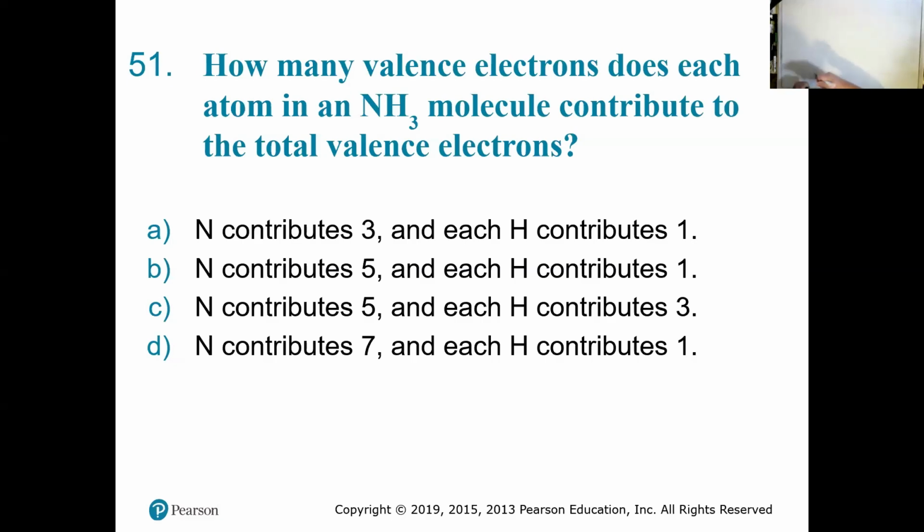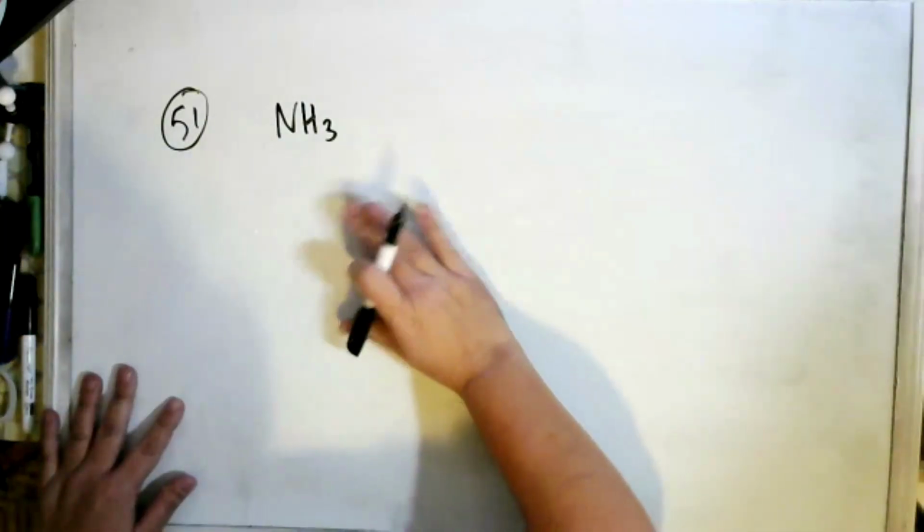All right, next question switches us over to some of the other topics in chapter 6. That naming section took up like 10 of those review questions. So let's take a look at this next one. It says, how many valence electrons does each atom in an NH3 molecule contribute to the total valence electrons? Okay. And so when you're looking at a question like this one, think about each part of this molecule, right?